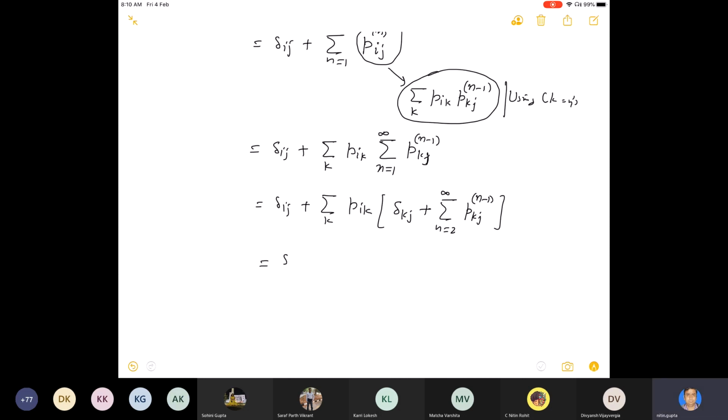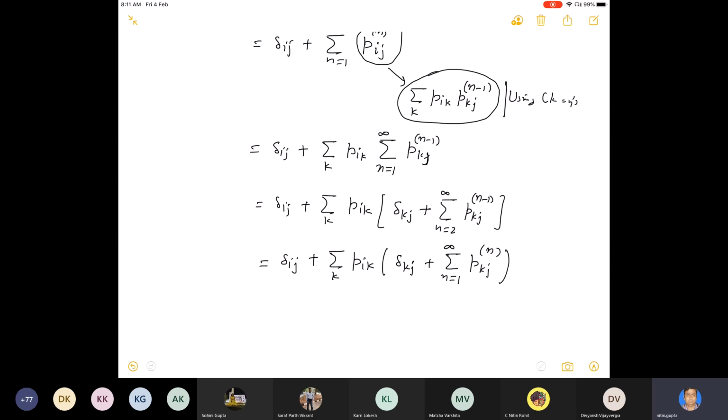Therefore, this will be delta ij plus summation over k of p_ik delta kj, plus summation n from 1 to infinity of p_kj^(n), taking n minus 1 equal to m and then replacing m by n.